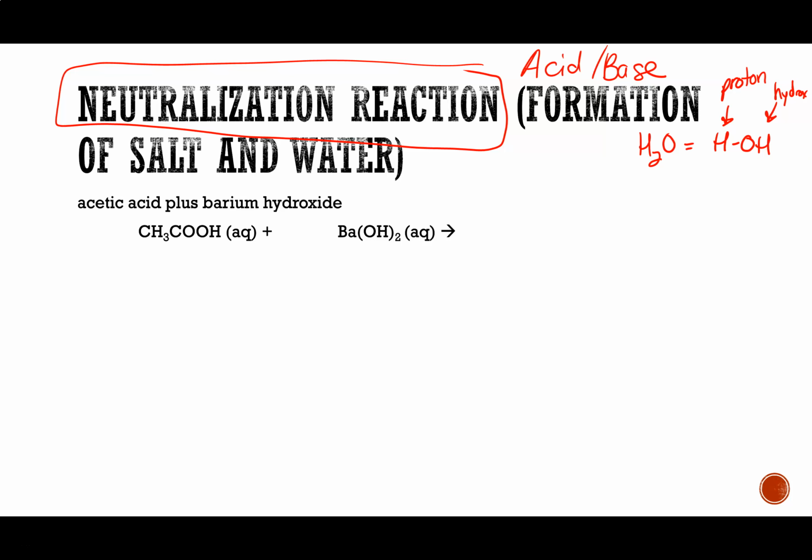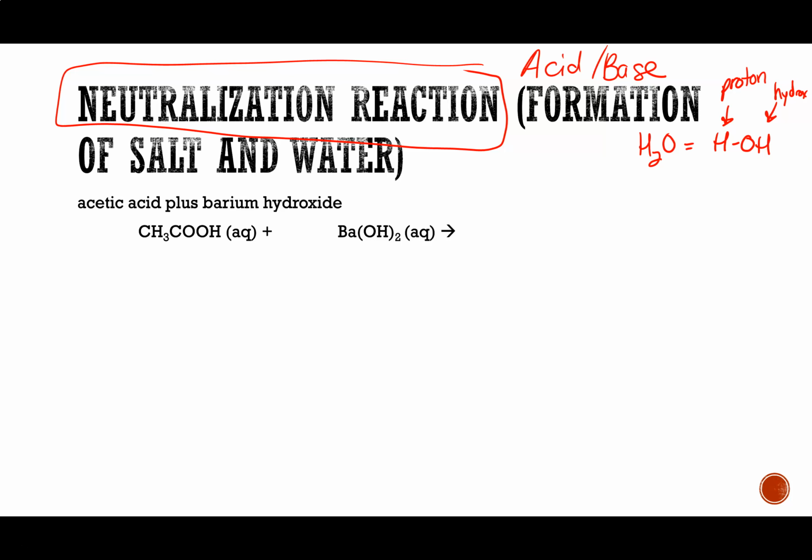First things first, knowing what the acid and the base are is going to be very helpful. You'll remember from our definitions that Arrhenius dictated that an acid is a proton, an H plus concentration increaser, and a base is an OH minus concentration increaser.